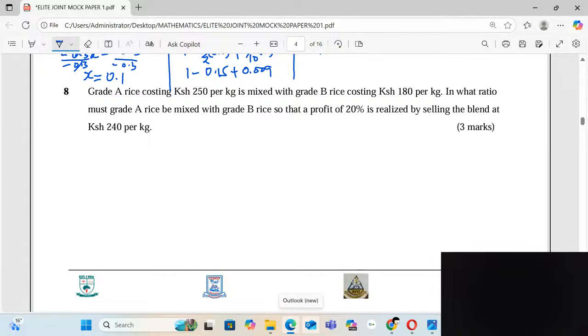This is what you're going to do. First of all, we have to look for the buying price when they are making a profit of 20%. So we have to look for the buying price first when they are selling this mixture, making a profit of 20%.